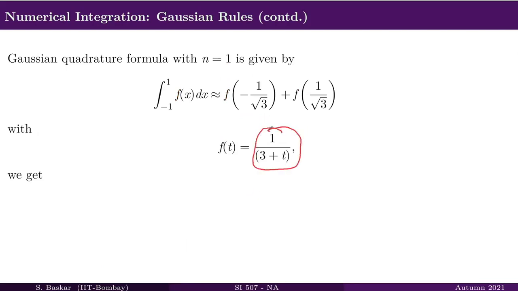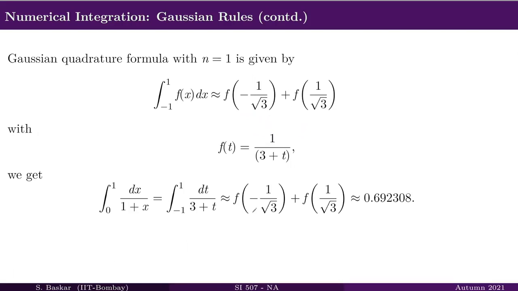That is more important. So once you are clear about what is your integrand, you can just apply the Gaussian rule on it, and the answer that you get from the Gaussian rule with n equal to 1 is 0.692308. And the mathematical error in this case can be explicitly found because we also know the exact value of this integral.